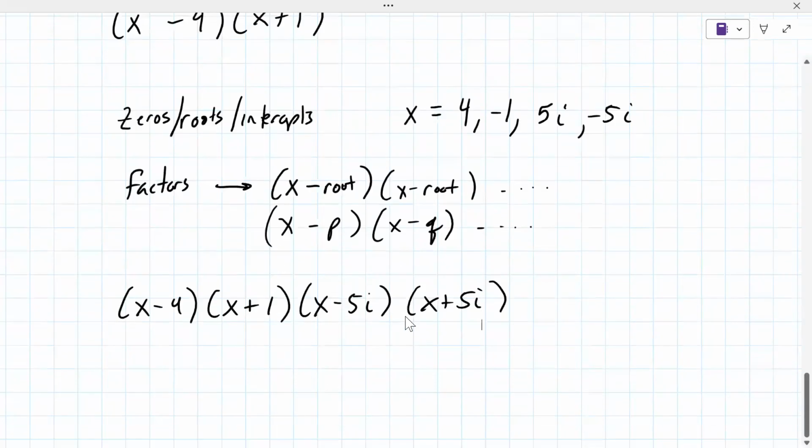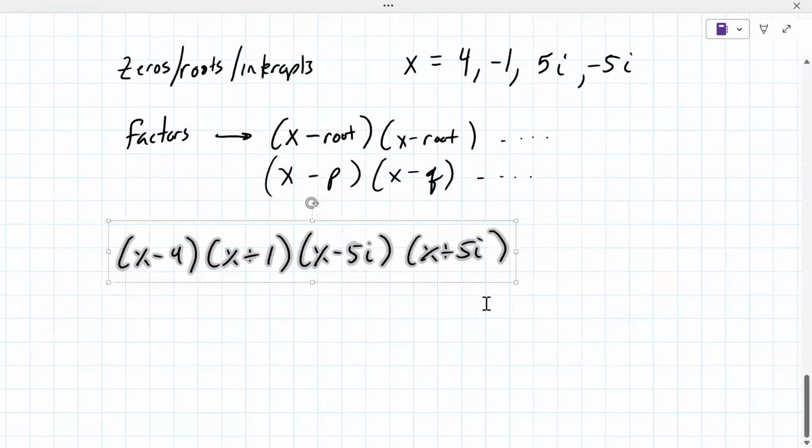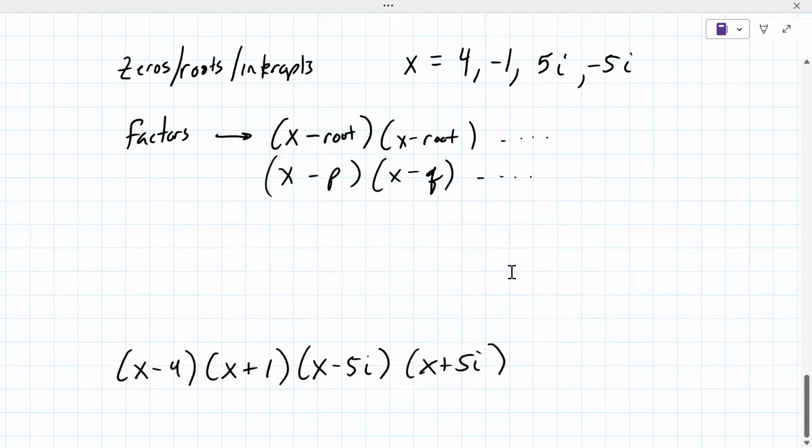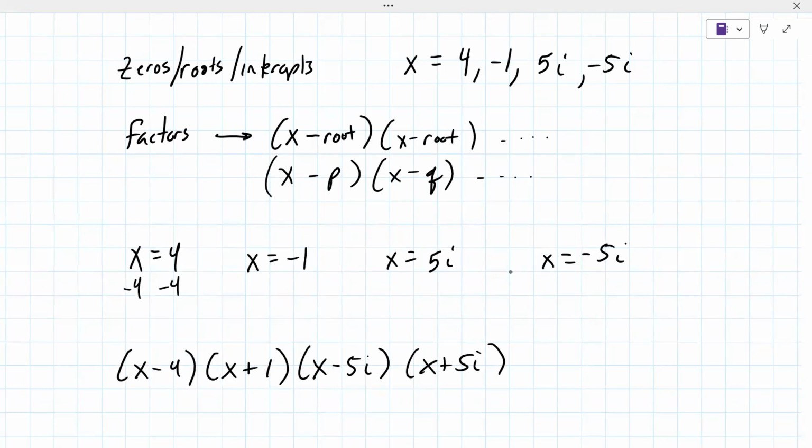And if you're wondering where these come from, it's essentially setting x equal to 4, x equal to -1, x equal to 5i, x equal to -5i, and then moving them to the other side of the equation. Or, like we just talked about, you have to subtract the root, but know to account for the sign, the operator.